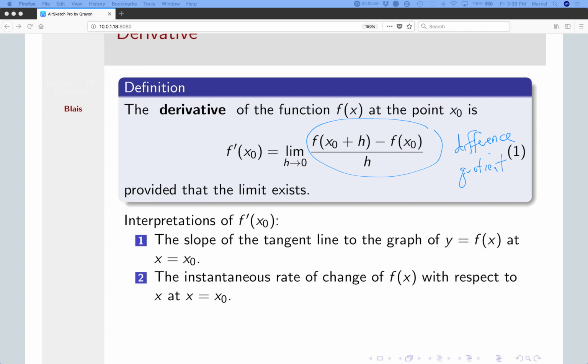We had drawn it before. This was x naught, and here was x naught plus h, and here was f of x naught, and up here was f of x naught plus h.